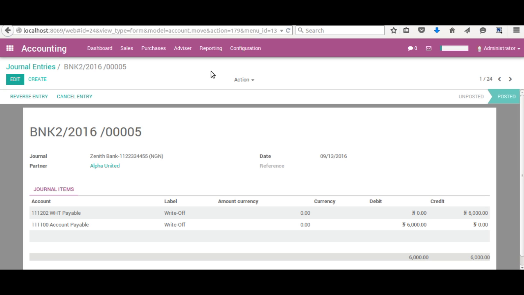If the landlord says my rent of 1 million naira is net of withholding tax, and we know that withholding tax is, for example, 10%, what the landlord is saying is that consider it that you have already deducted the 10% before giving me 1 million. I want to receive 1 million cash into my account.